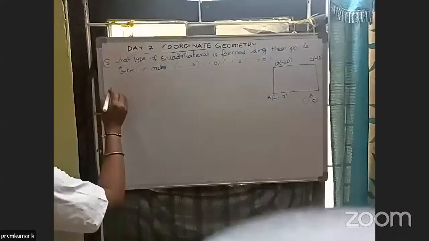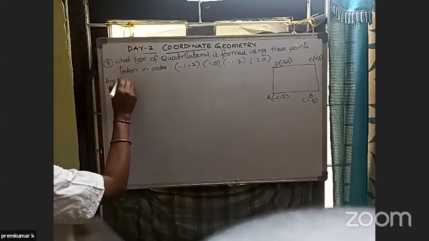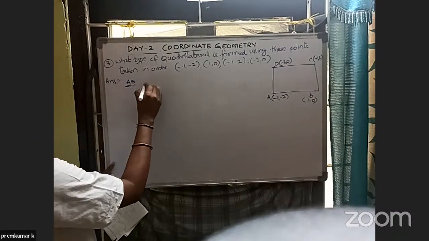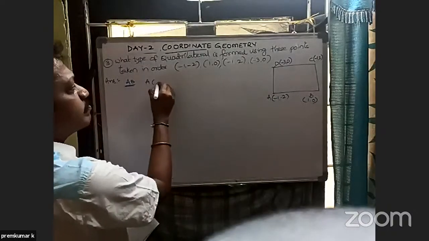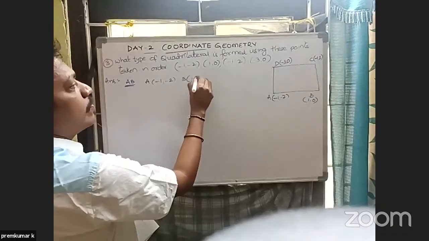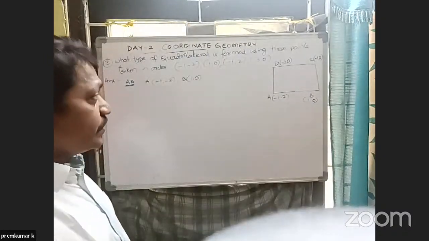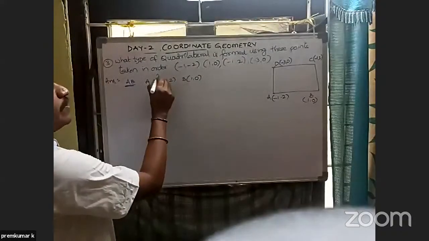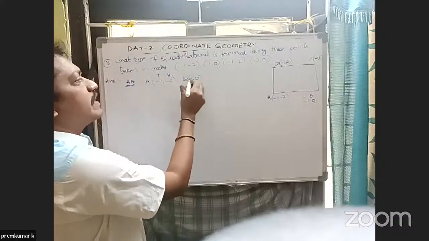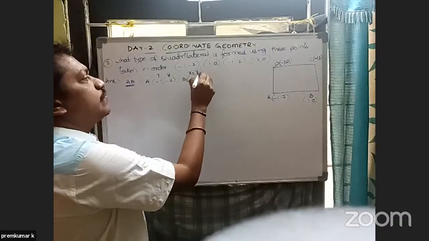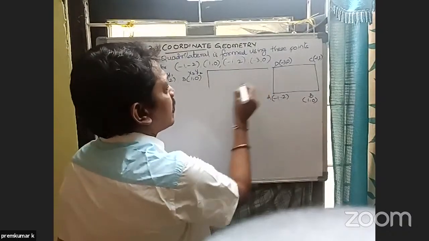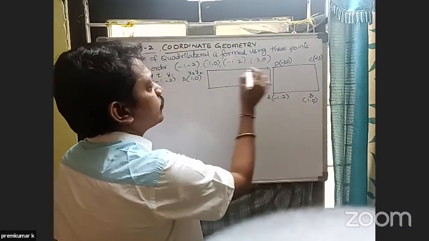First, I am finding the AB distance. A is -1, -2, B is 1 comma 0. What I am explaining to you: first you have to write these x1, y1 on top of x2, y2. I am writing the distance formula here for all these 4 cases.